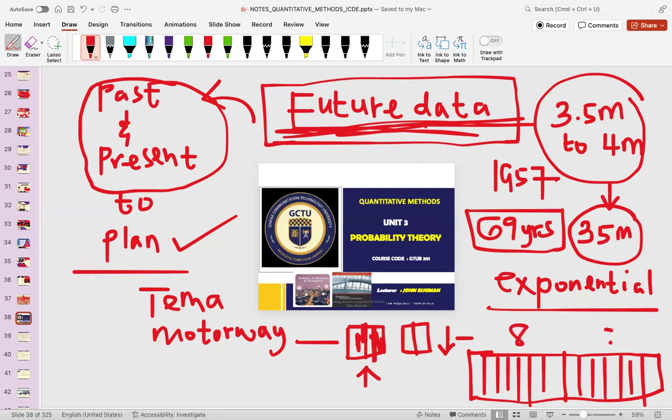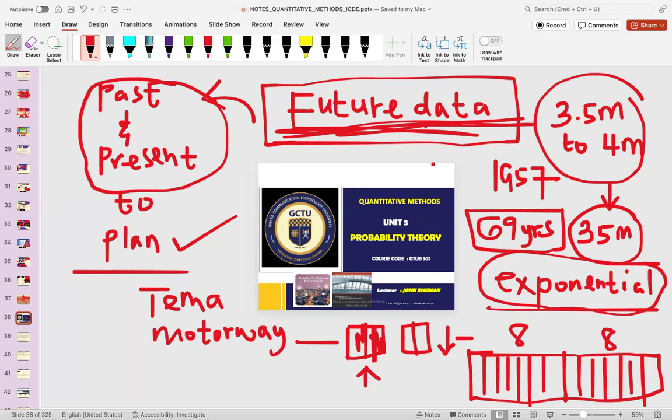Why? Because they used future data and did some exponential calculations and saw that the population is going to increase. So let's create the space once and for all so that there wouldn't be congestion in future. And that is what future data can do if you use future data to plan.